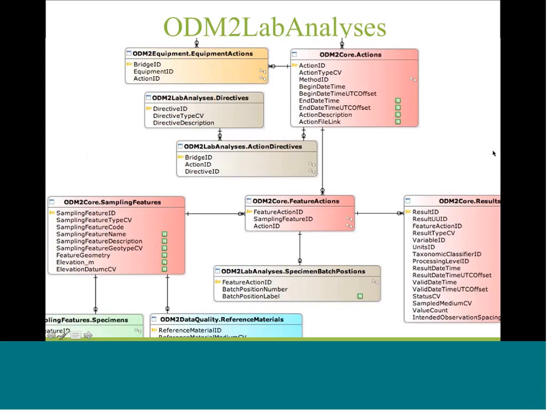We looked very carefully at laboratory information systems, which are these huge software packages employed primarily by the pharmaceutical industry and the chemical industry to keep track of everything they do. And laboratory information management systems have all of these same features that we're talking about, actions or events. They produce data, of course. They analyze specimens. They had really only 2 additional features that we could see, and one was directive. You know, why are you analyzing something?